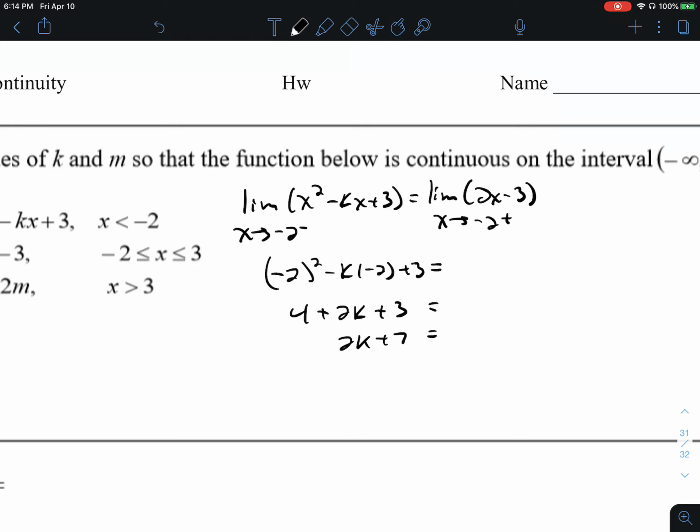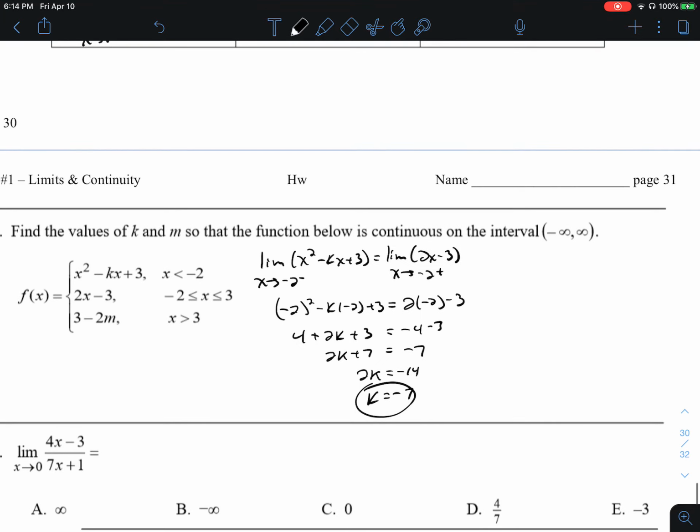On the right, we're going to get 2 times negative 2 minus 3. It's negative 4 minus 3. That's negative 7. We're going to get 2k is negative 14. We're going to get k is negative 7. So what about m?